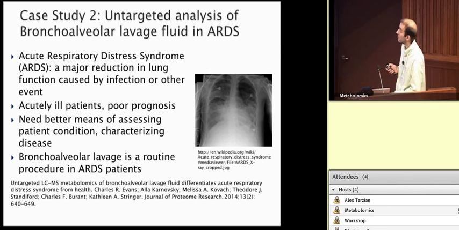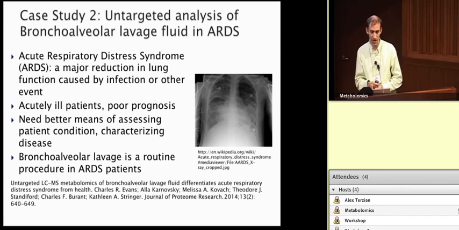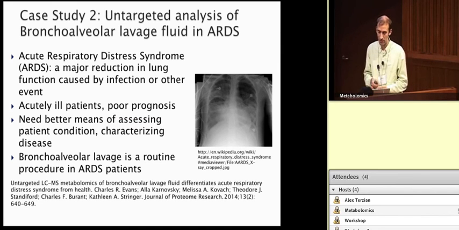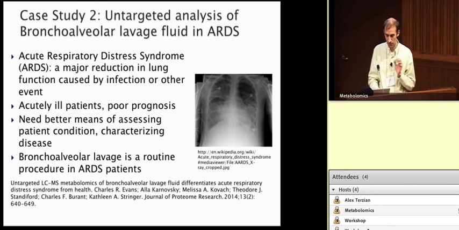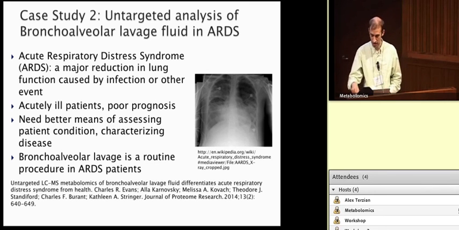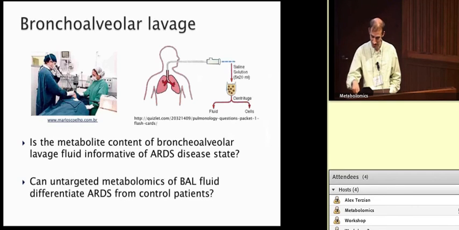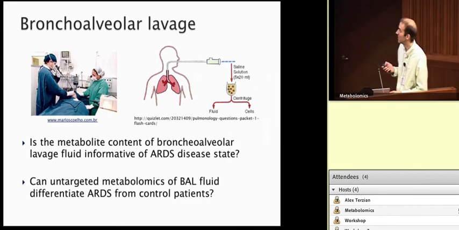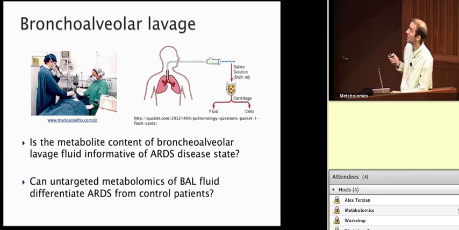And we wanted to take a fluid, which is sometimes generated in the process of treating these patients, and look to see, in a way that's never really been done before, whether there's any meaningful metabolomic information that can be obtained. And that fluid is bronchoalveolar lavage fluid, as I stumble over the words. This is collected as effectively a means of rinsing the lungs of these very sick patients.